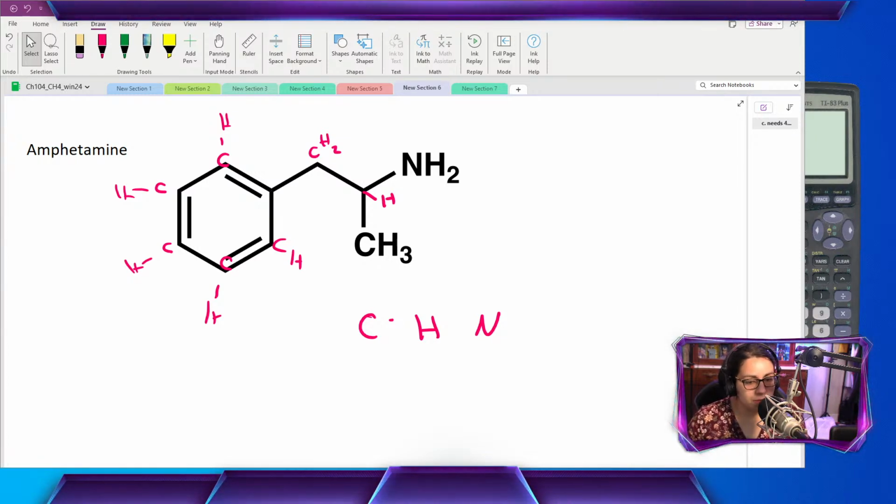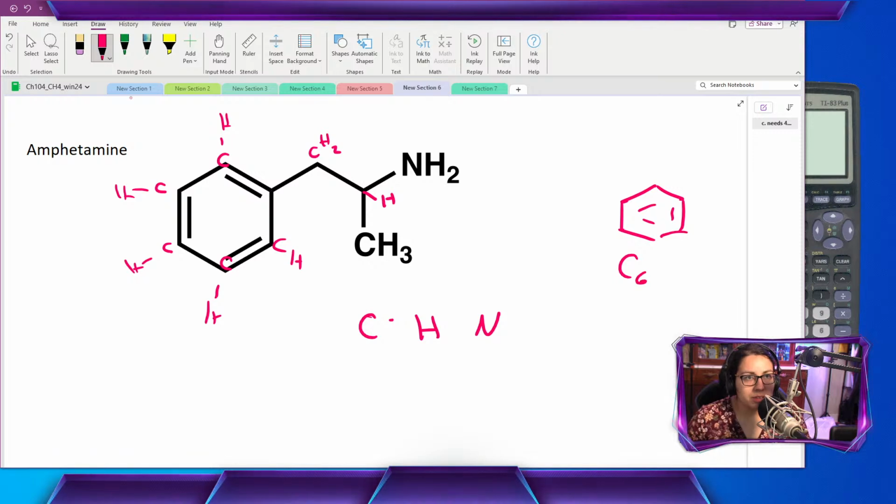All right, hopefully this one will be easier to count. This is an aromatic ring here, similar to our benzene ring. So this is benzene, C6H6. Now let's count the carbons. 1, 2, 3, 4, 5, 6, 7, 8, 9.